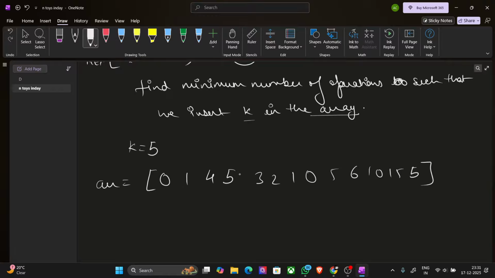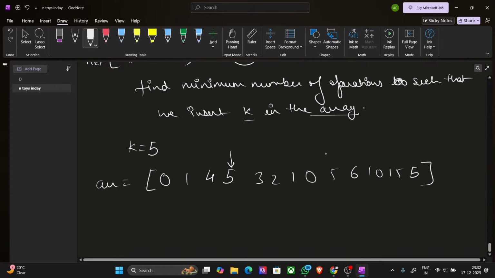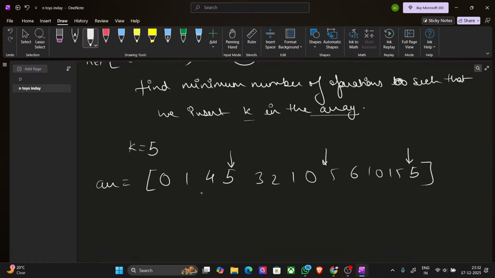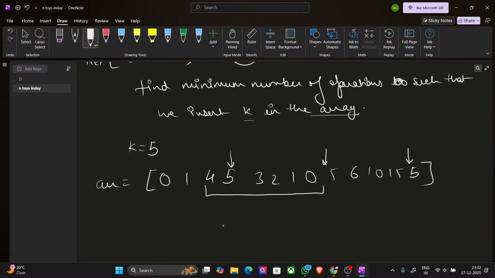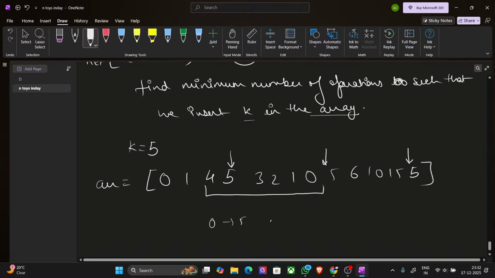So what I can think as my solution is, there are 5s present in some locations. So choosing a segment which contains k can never give me the right answer. If you choose this segment, you see that all the values from 0 to 5 are present in this particular segment. Then the MEX will be 6.